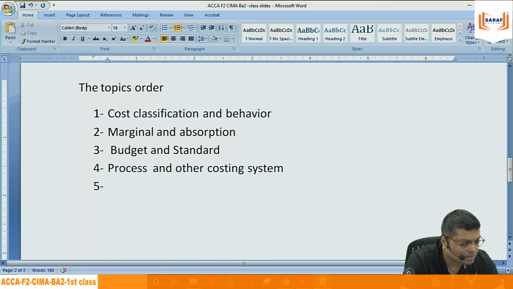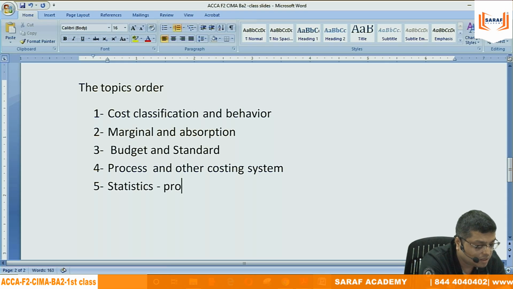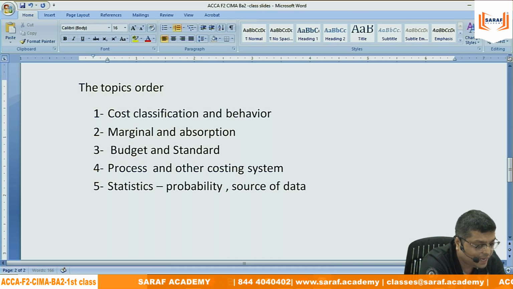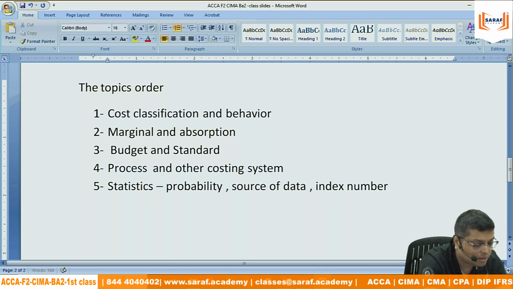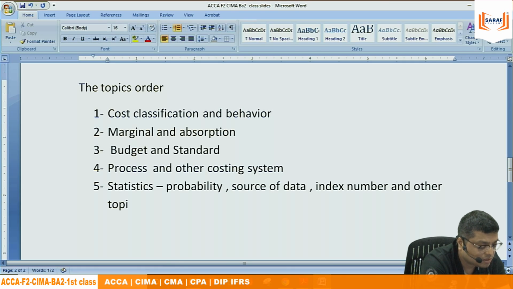Then we will be doing statistics, whether it's probability, source of data, or index numbers, and other topics.